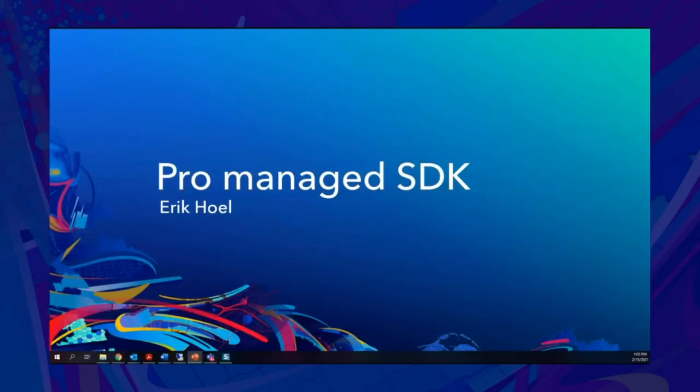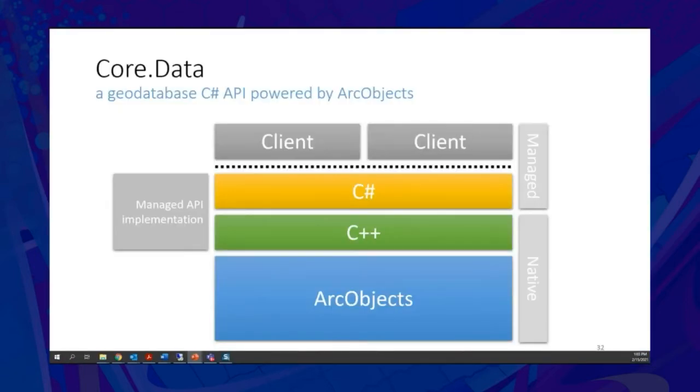Let's talk a little bit about the Pro Managed SDK. The Pro Managed SDK is actually interesting. You can find it under core.data, and it's basically a C# API intended for .NET programming. It's actually powered underneath the covers by ArcGIS.